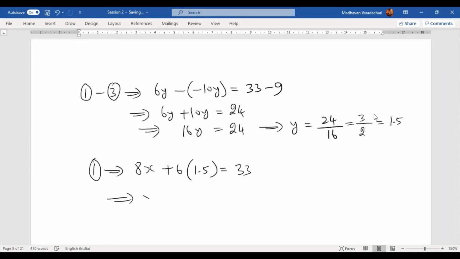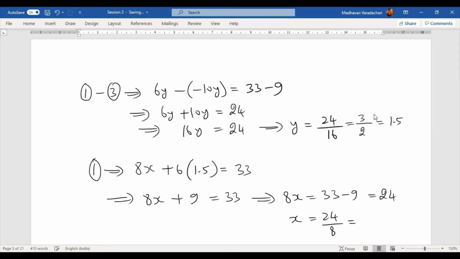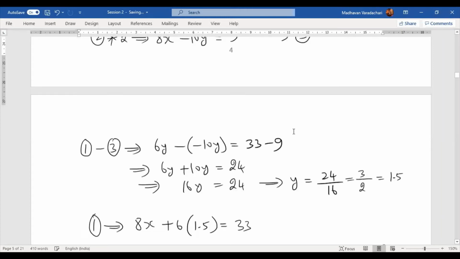Now 8x, 6 into 1.5 is actually 9, so this becomes 8x plus 9 is equal to 33, or 8x is equal to 33 minus 9, which becomes 24, or x is 24 by 8, which works out to 3.